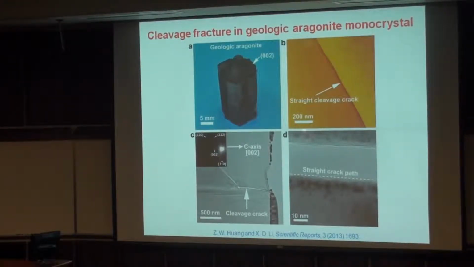And then we used FIB to look at this crack from this orientation, and this orientation, this is another slip system, and then you blow it up, you can see an atomically straight, smooth crack path. So this is totally different from the crack path we saw in Nacre, the zigzag fashion.